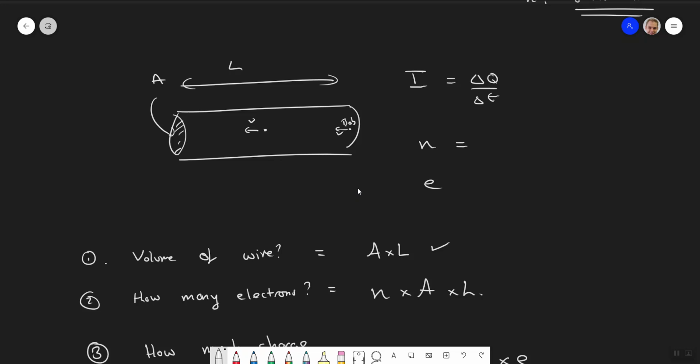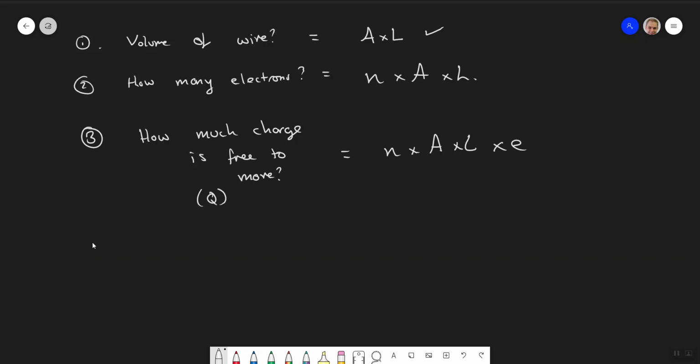How long does it take them? Well, it's just speed, distance over time. So the time for all of the electrons that are currently in this, at one moment, to move through this surface, because say that's where we're going to stick our ammeter, is distance, L, over speed, v.